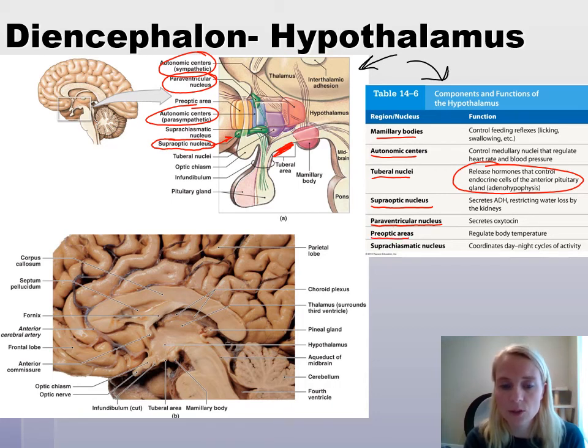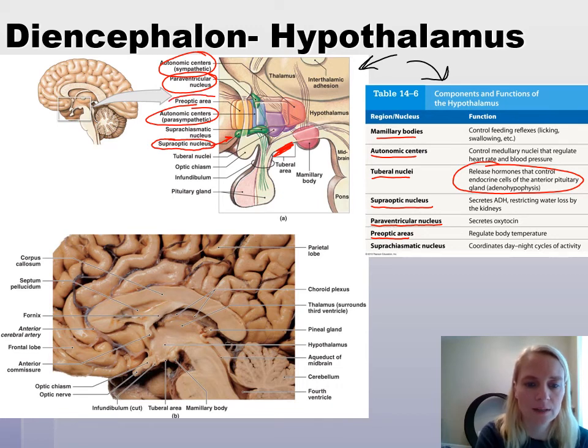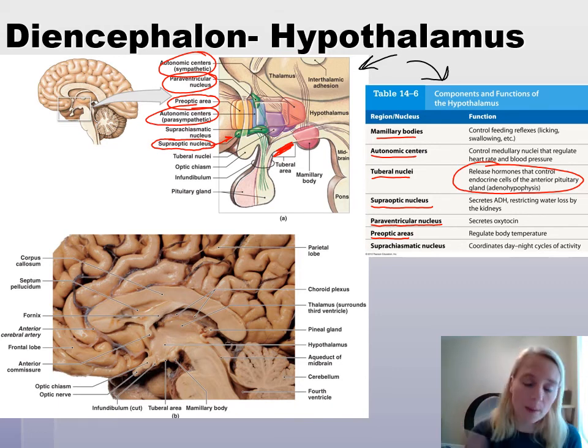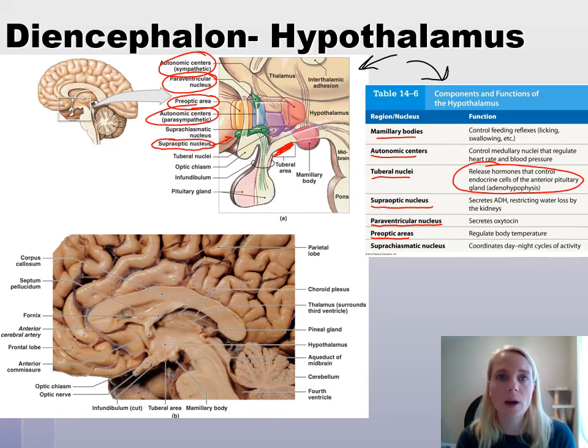Preoptic. Preoptic is before the optic, so here's the preoptic area, sitting anterior to some of those optic pathways. This is your body's thermostat. If you remember way back in 231, talking about homeostasis and negative feedback, we used thermoregulation as an example, where your body maintains 98.6 degrees Fahrenheit or 37 degrees Celsius.